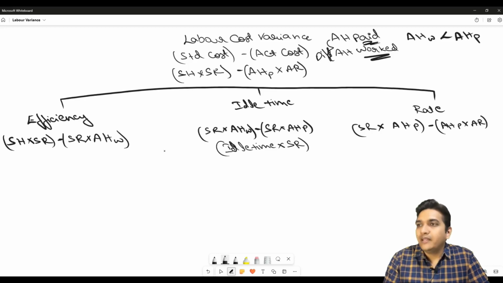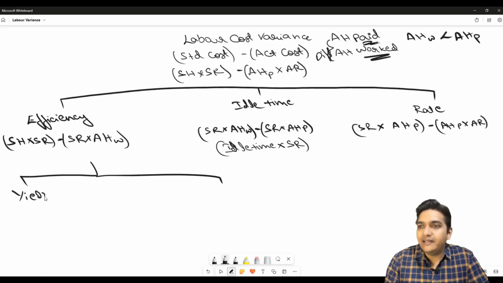Now, the efficiency variance can further be divided into two. Similar to material, we have yield variance and mix variance. The formula to calculate yield variance is standard rate into standard hours, minus standard rate into revised standard hours.